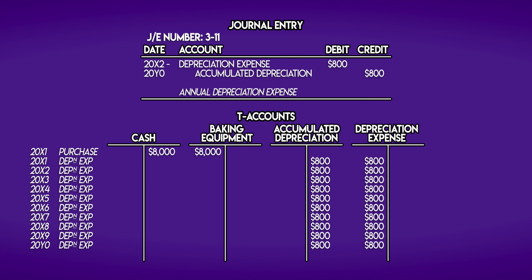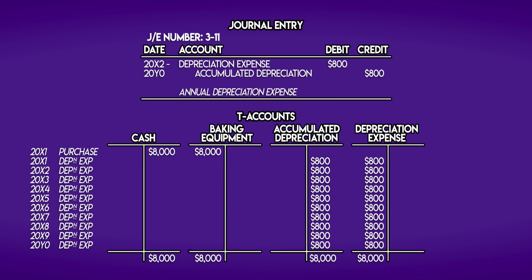At the start of year 1, you buy an oven, so your cash went down by $8,000 and your baking equipment went up by $8,000. This is a balance sheet to balance sheet transaction. But during each of the next 10 years, you post adjusting entries to record a depreciation expense in your income statement of $800 and $800 in accumulated depreciation, a contra asset account which offsets the asset cost in your baking equipment account.